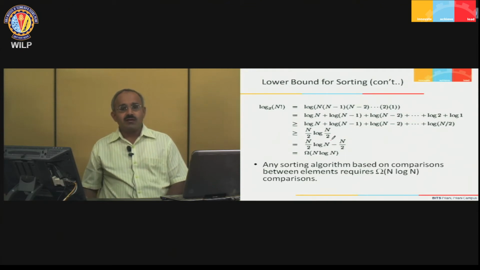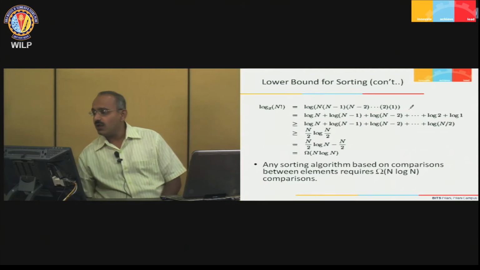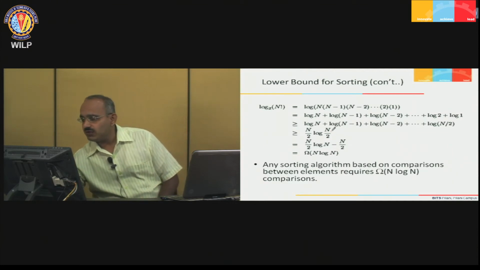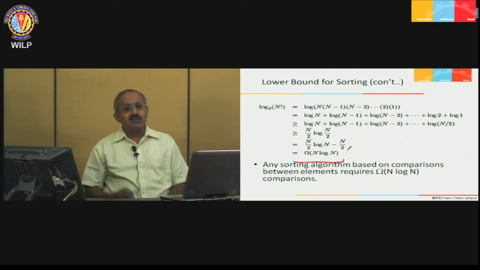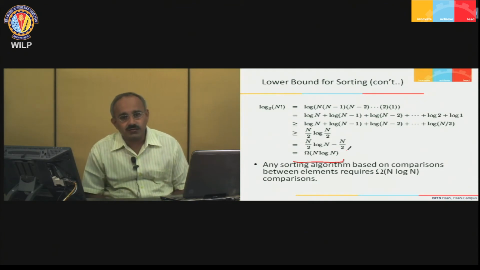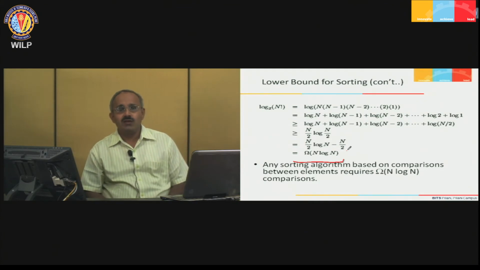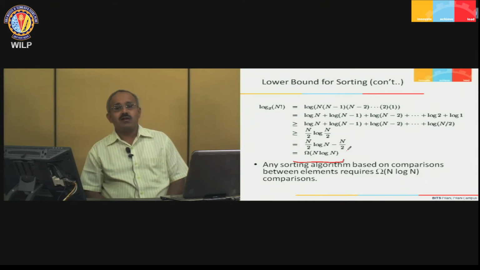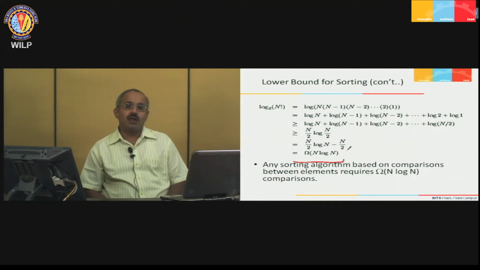Using that formula, you can separate this, and then we can show that this is bigger than or equal to n by 2 log n by 2, and then this is precisely n log n. This is standard school algebra that we learn about logarithms. So, what we have proved is that log n factorial is bigger than or equal to n log n.